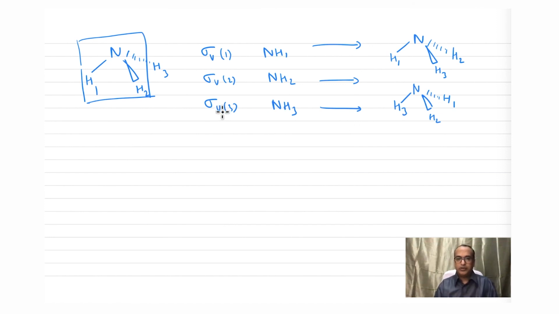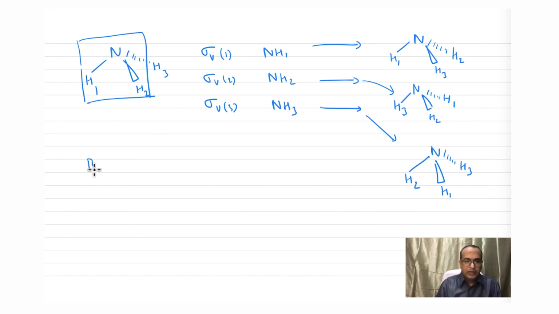You can think for yourself for this one. For NH3, H3 will not be reflected, whereas H2 and H1 will be reflected. So this should be very simple and straightforward to see.